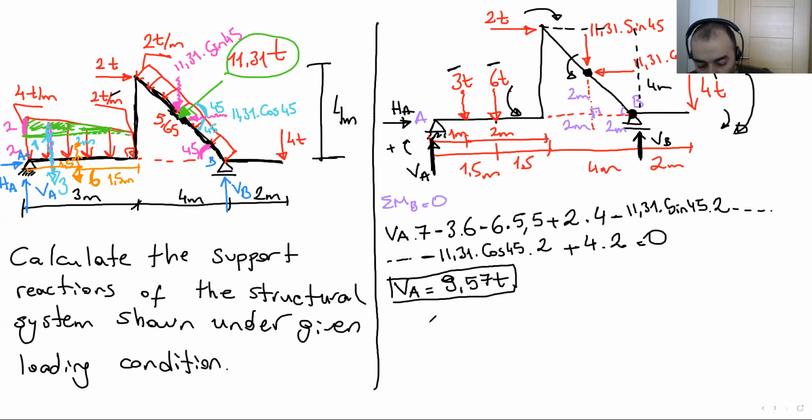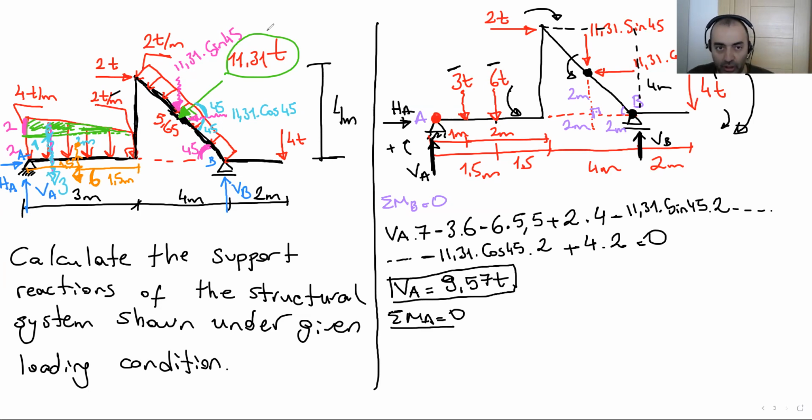Let's write the total moment at A equals 0 together. Now our rotation point is this one. We are going to start from the right hand side and go to the left. I'm going to make an assumption for the positive direction.